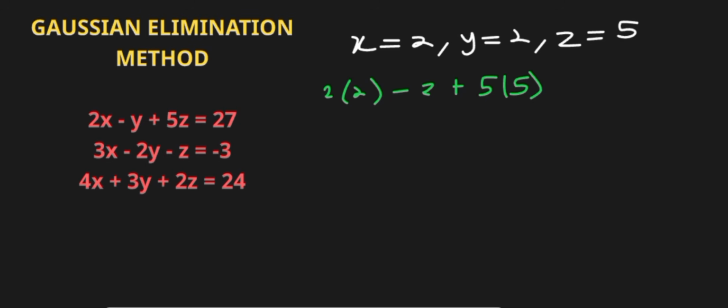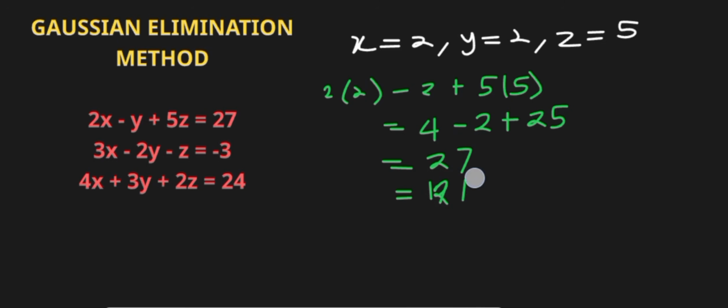To see if this is going to be really equal to 27, and that is 4 minus 2 plus 25, which is indeed 27, and what we have on the right hand side, thus validating the solutions.